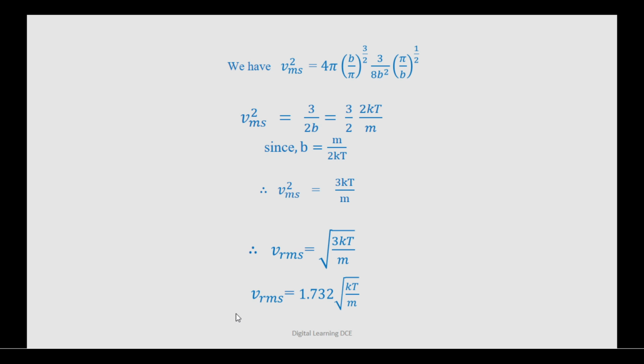Finally, the root mean square velocity of the gas molecule can be written as 1.732 into the square root of kT by m. This is the expression for the RMS velocity of gas molecules.